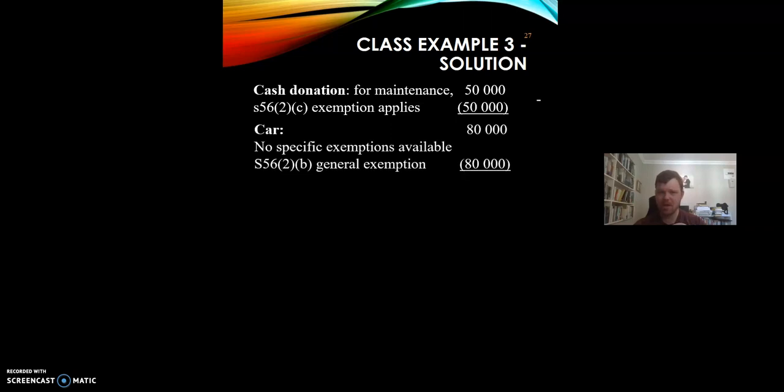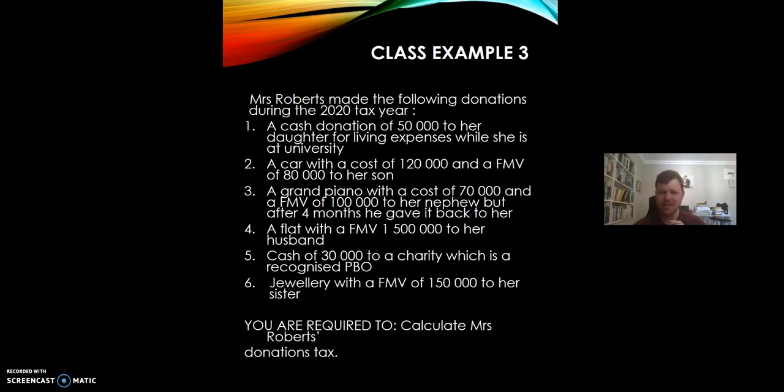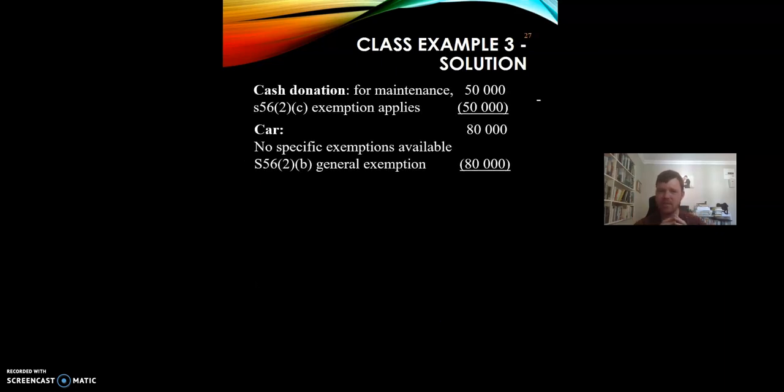After that, what we had was the donation of a car to the son. I gave you, if I remember right, let me just go back and check. Car with a cost of $120,000, market value of $80,000. Something you have to remember here, any donation is deemed to take place at market value. So you have a donation of $80,000, but it's exempt, not because of anything specific, but because we have the general exemption.